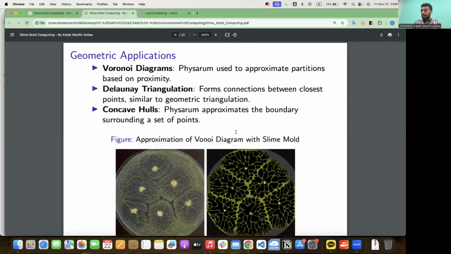Each point has a Voronoi cell consisting of all locations closer to that point than to any other point. The boundaries of these cells are formed by bisectors. I would like to annotate here. Here are the bisectors of the cell.